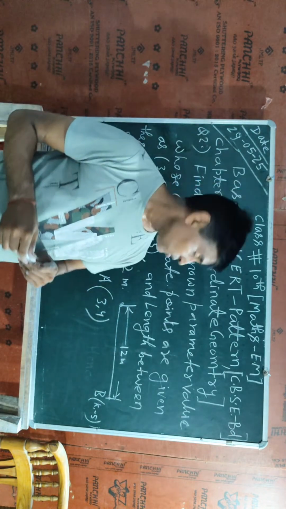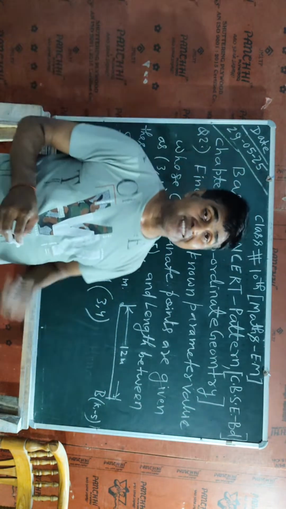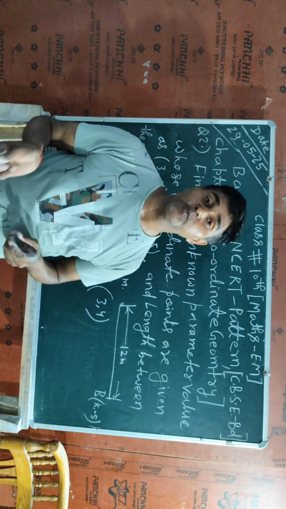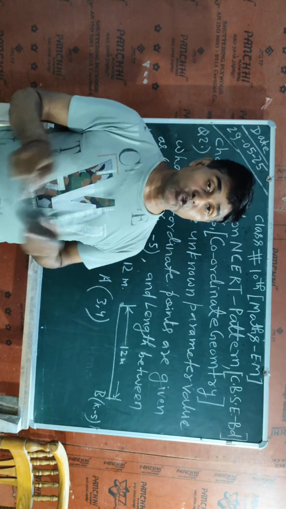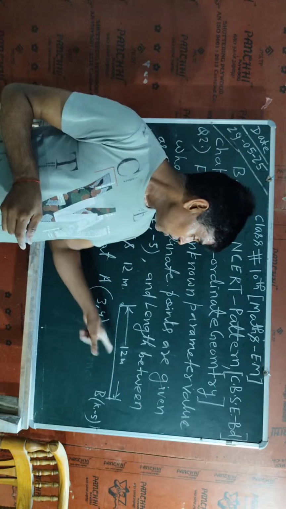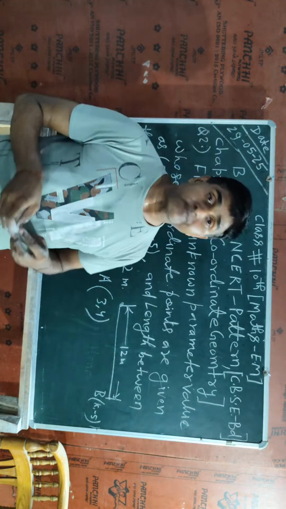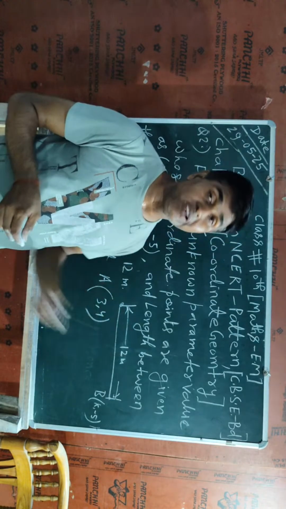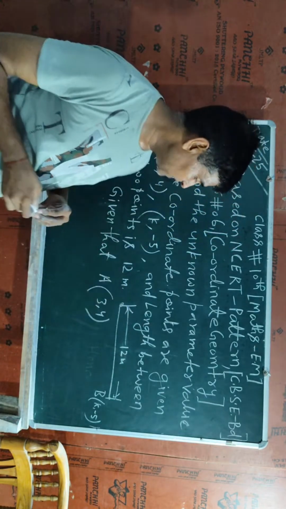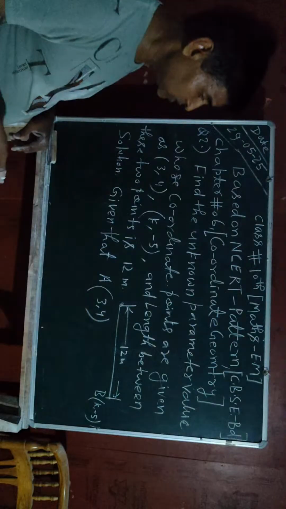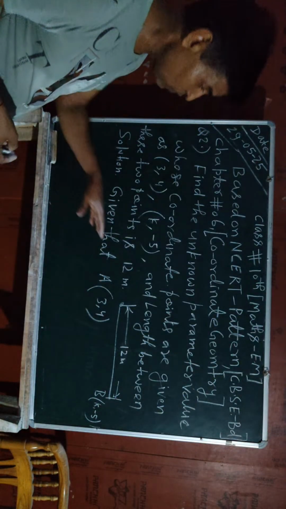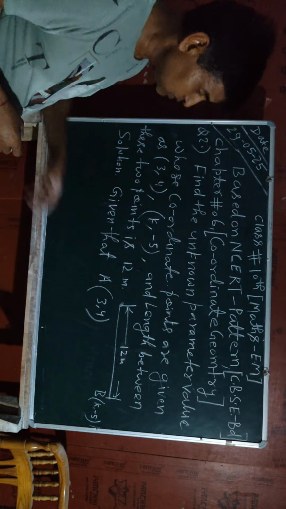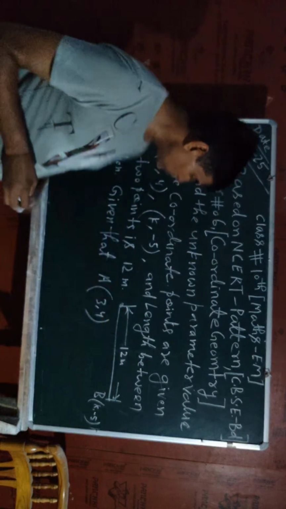Its domain will be from minus infinity to plus infinity, but you have to consider only those values when we calculate the distance between 2 points. Now further I am going to use the distance formula for evaluating the unknown parameter.